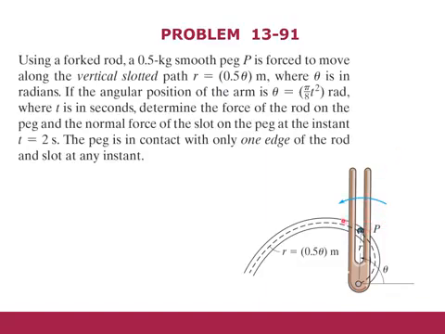Also, I want to mention over here that you can see that when this peg moves in this direction, this r will change with the passage of time, and this theta will also change with respect to time. So we will have the angular velocity and angular acceleration in this transverse direction.